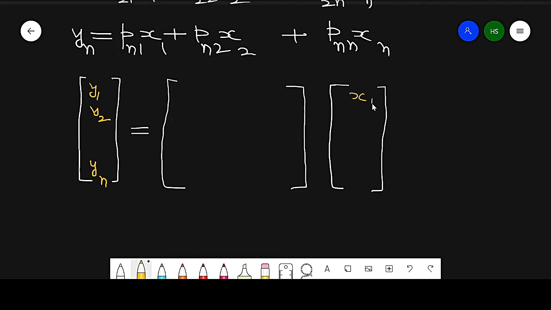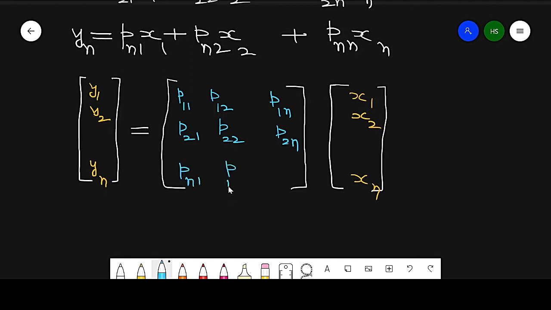This is x1, x2, up to xn, and this is the matrix of p11, p12, p1n, p21, p22, p2n, pn1, pn2, pnn.